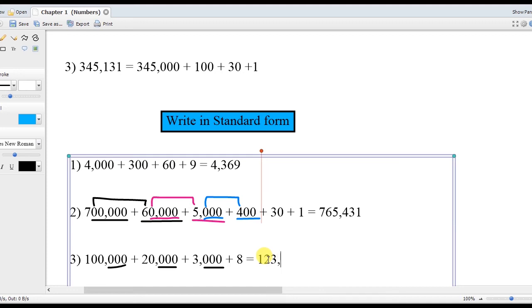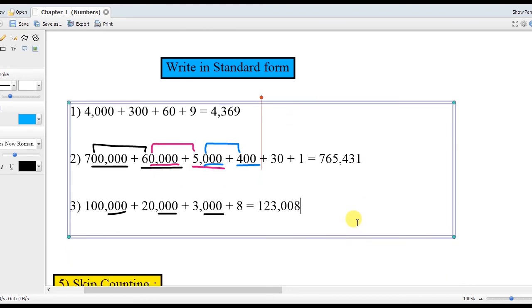Now, after that, there is no 100, there is no 10. There is simply 8. And the last digit, if you see, it is 8. So where should I write 8? I should write 8 on the extreme right side because the place value of this digit is 1 or unit. So it's 123,008, right?